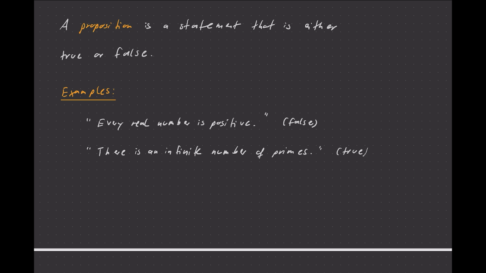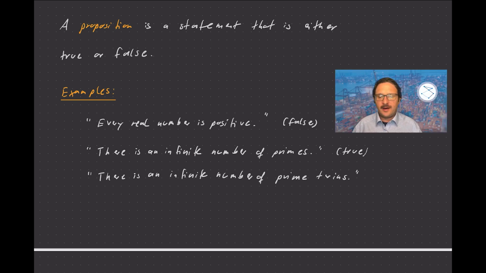But then there may also be propositions that clearly are true or false, but we don't know the answer. Something like, there is an infinite number of prime twins. Prime twin, that's just two consecutive prime numbers.